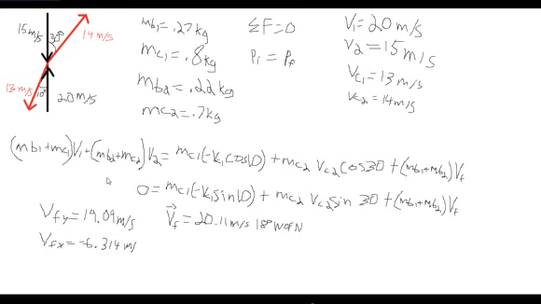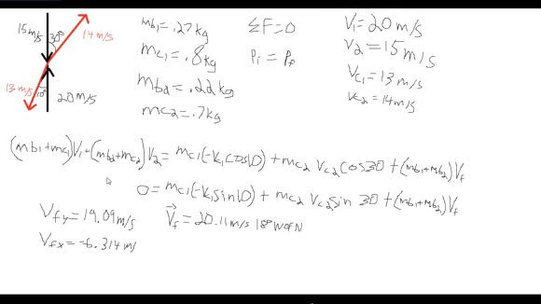If we use the Pythagorean theorem, the magnitude of the final velocity vector is going to be 20.11 meters per second. And if we use the inverse tangent of negative 6.314 meters per second over 19.09 meters per second, we'll find the angle at which it's going.